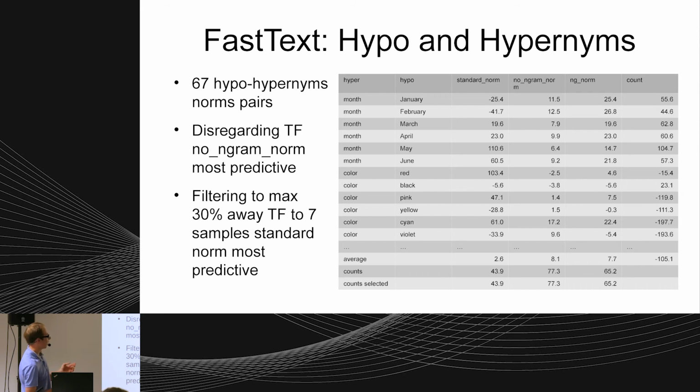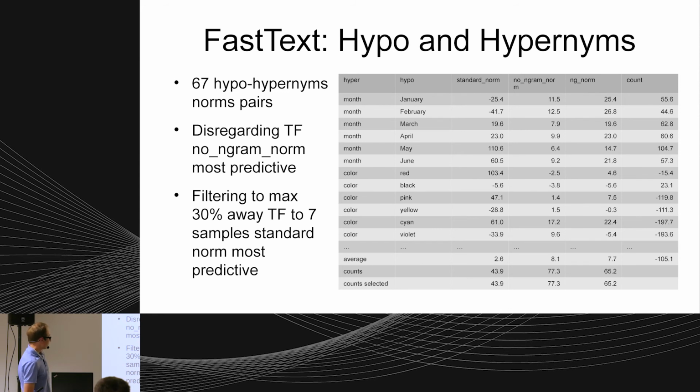So, for example, month is a hypernym of January. That means January is a sort of subclass or instance of a month. And similarly for color, so I have pairs color and red, color and black. And the thesis is that the more specific words should have higher vector norms, at least within some frequency bin.